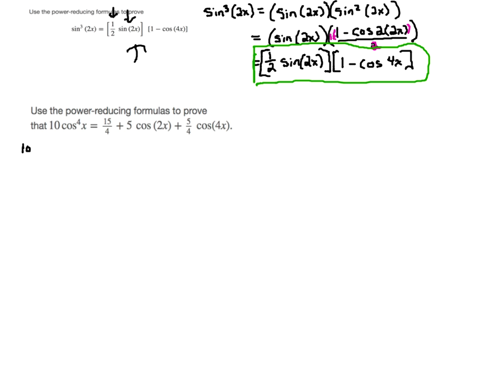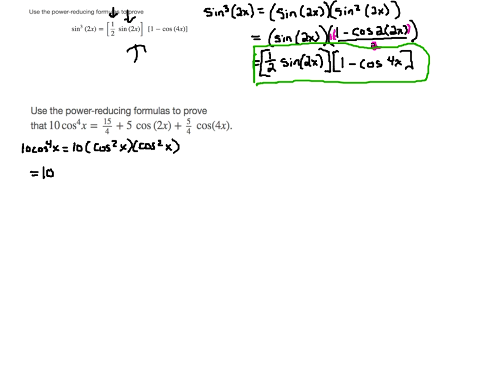Okay, so we're trying to show that 10 cosine to the 4th x is equal to all this thing on the right-hand side. So once again, I'm going to start by just splitting that cosine to the 4th of x. So this is 10 times cosine squared x times cosine squared x, because I know I've got expressions for cosine squared x.